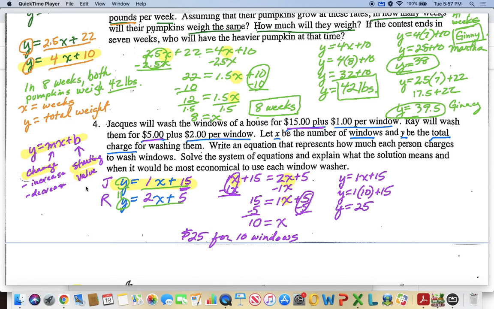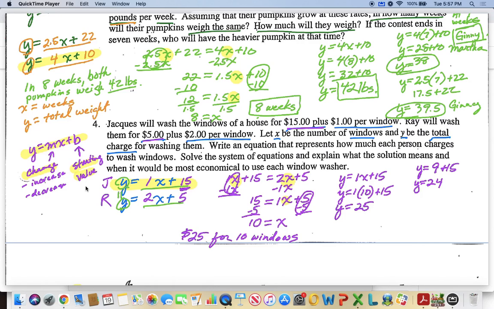If we plug in, let's say, 9 windows into Jacques' equation, y equals 1 times 9, which is 9, plus 15, that's going to be $24.